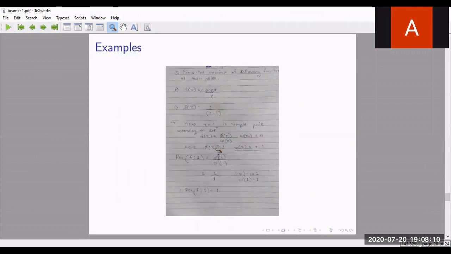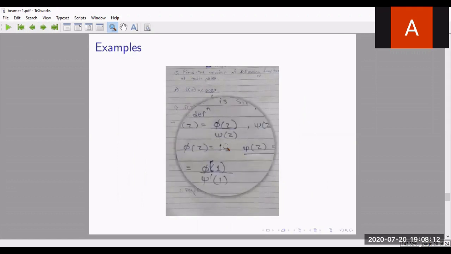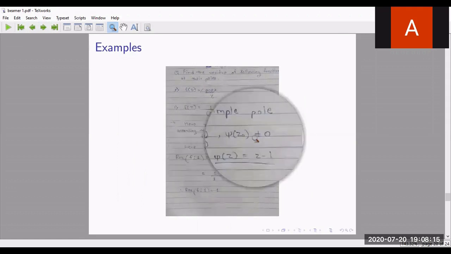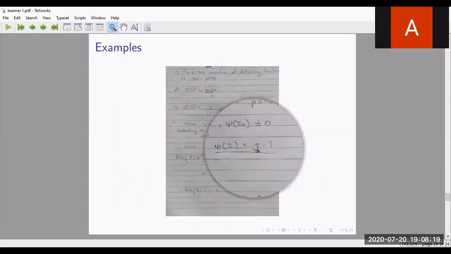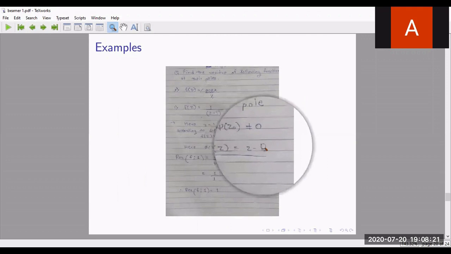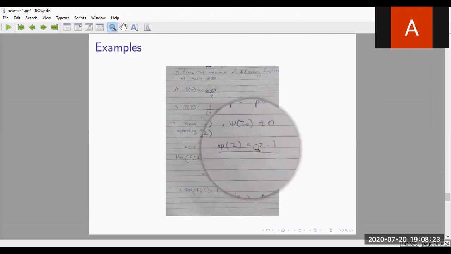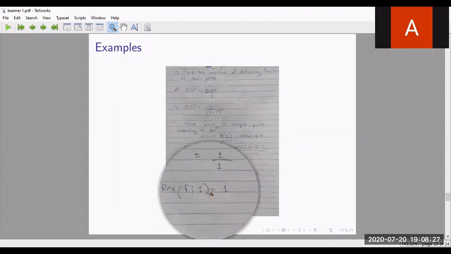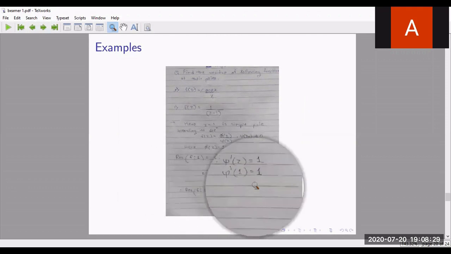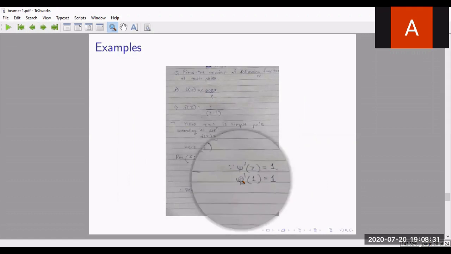Phi of z is 1, so phi of 1 will be 1, a constant. And psi dash, the derivative of z minus 1, is 1 because the derivative of z is 1 and the derivative of 1 is 0. So this will be 1 by 1. So the residue of f at 1 is 1. Since psi dash of z is 1, psi dash of 1 is also 1.